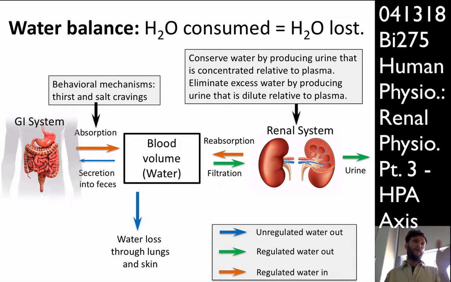If the urine that you're eliminating is a higher osmolarity than the plasma, then that is a net conservation of fluid, right? Or you can eliminate water by simply the opposite, making urine that is more dilute relative to the plasma.